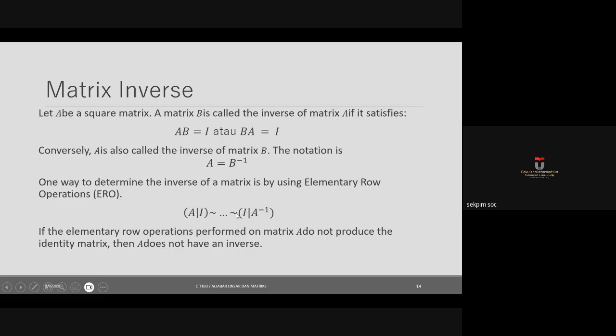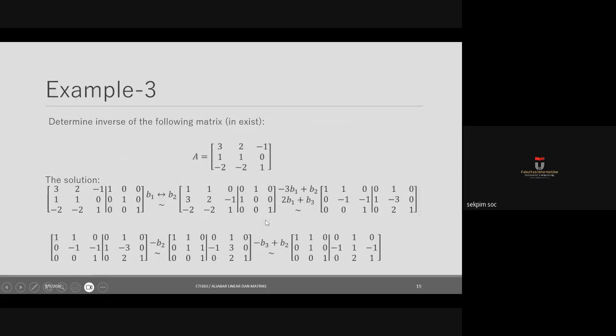In the same way, the row operations you did also change the identity matrix on the right hand side, such that at the end, the right hand side is just the inverse. Yeah, I'll show you how. For example, we have A, of course, for an inverse matrix, it should be a square matrix. If it's not a square matrix, you cannot have the inverse.